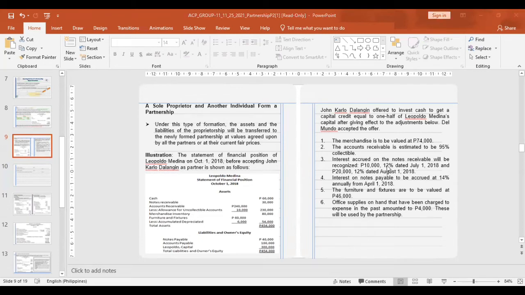Pero yung 12% annual na yan. So, pagdating ng August, 20,000 na siya. So, yung kukomputin mo siya is 1 month lang, which is July lang. So, magkano ba yan? 10,000 times 12% times 1.